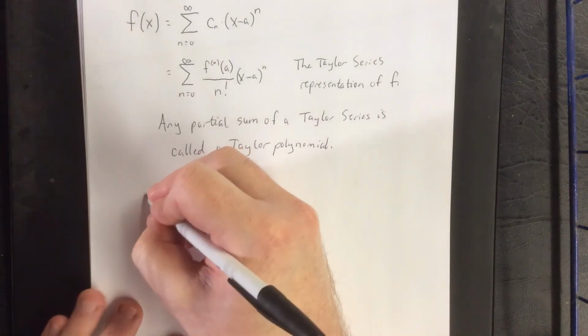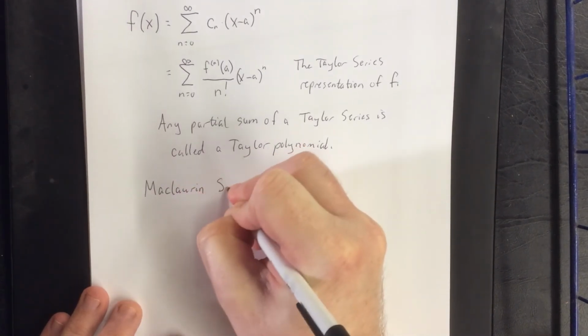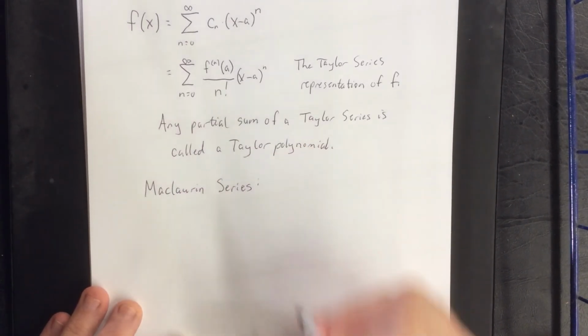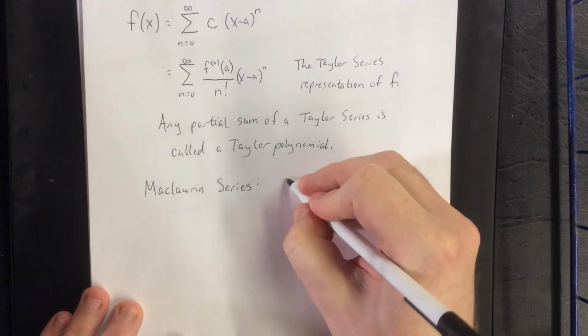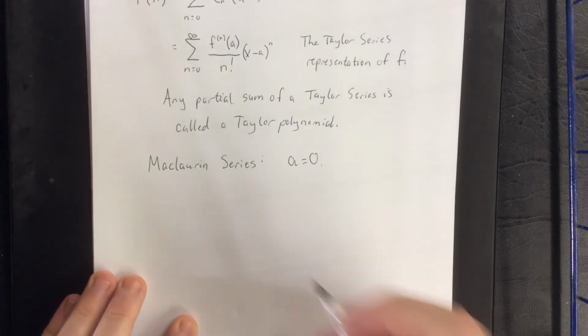Now, with that in mind, let's talk about a Maclaurin series. To make a Maclaurin series, center it at x equals 0. That's literally his only contribution. What a guy.